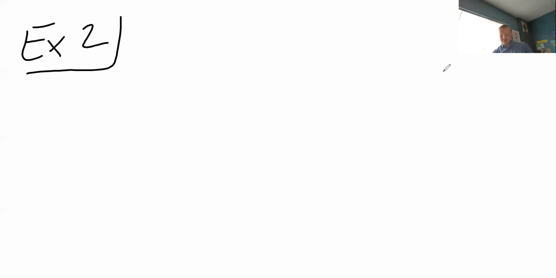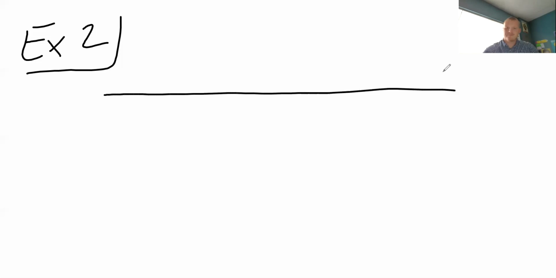Okay, example 2. Now we're going to get into some examples with some actual numbers. We like that. Example 2, in the figure below, I'm going to draw out the line. So we have A, we have B, and then we have C. Okay, so in the figure below, segment AB, it doesn't say segment, I just know that that is a segment because there is no line on top of it, so it's talking about just A to B. I'm going to highlight that.